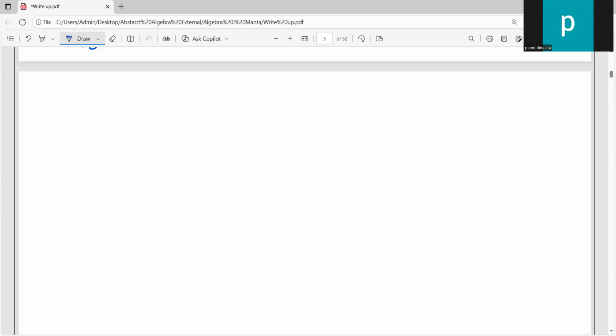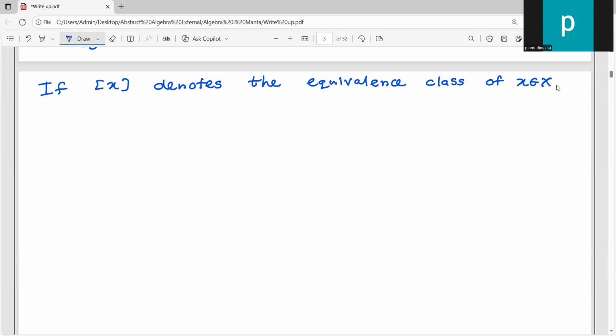Now we know that this is an equivalence relation. We will define the equivalence class, right? In the usual notation, this denotes the equivalence class of some element x in X. Then what sort of elements does it contain?